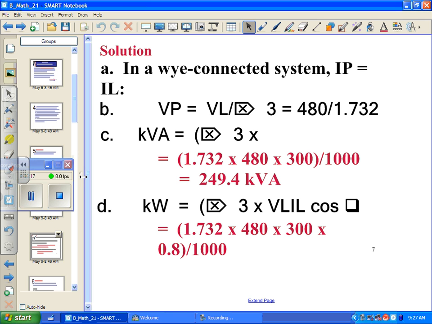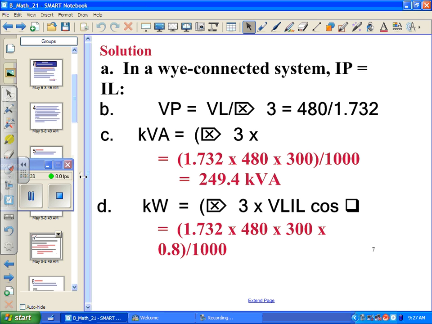So to turn it into kVA, we have to divide by 1,000. And so we see that square root of 3 times 480, which is the line voltage, times 300, which is the line current, and then divide by 1,000 to get the kVA, we'll get 249.4 kVA.